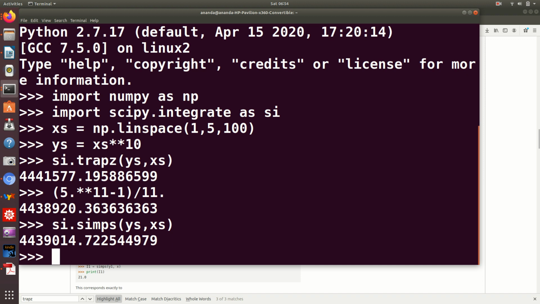It was designed to be accurate for polynomials up to degree 2, but if you are using equally spaced intervals, which we usually do, which we are doing here, equally spaced in x I mean, then the algorithm actually turns out to be accurate for even cubic polynomials. This was only if you have equally spaced intervals and not unequally spaced intervals.